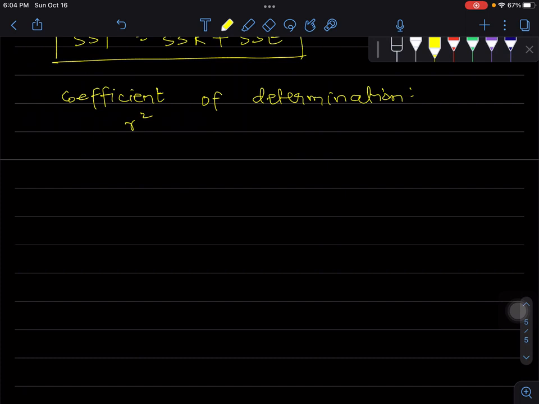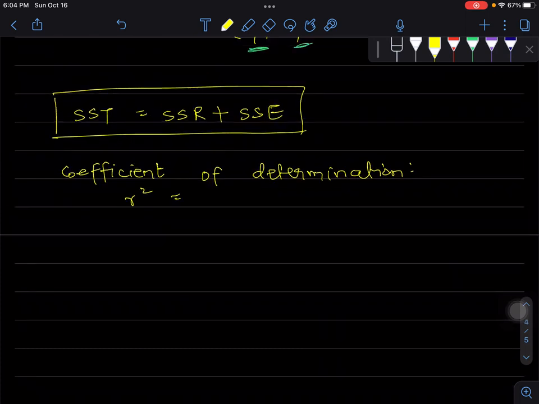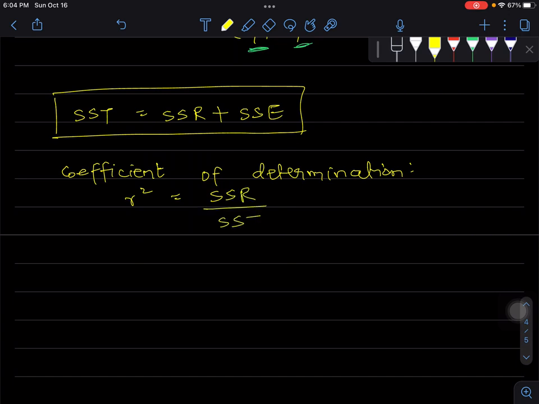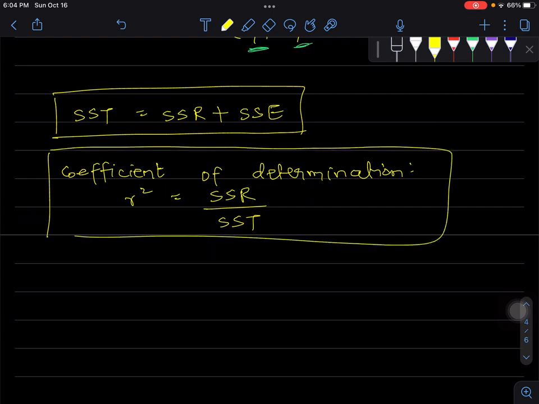It tells how good the relation is between x and y. For r squared, the formula is the sum of squares due to regression over the total sum of squares. That is how we calculate the coefficient of determination. And it provides a measure of the goodness of fit for the estimated regression equation that we found using B0 and B1.